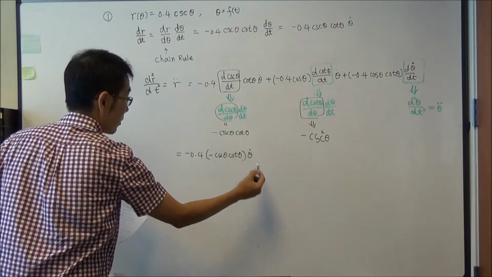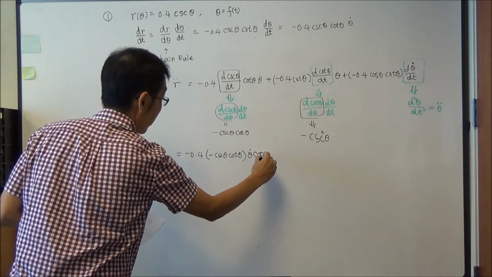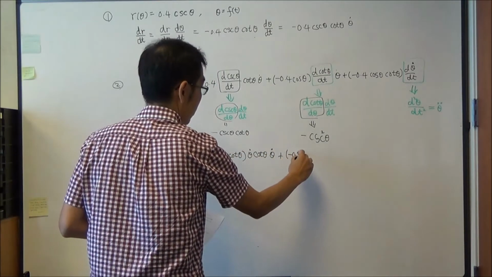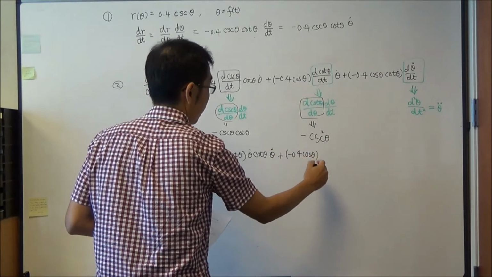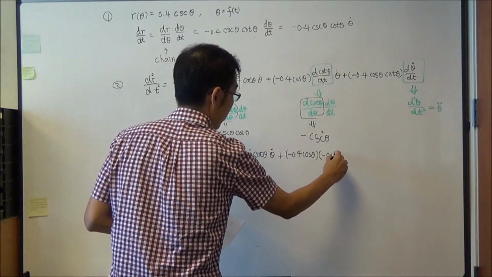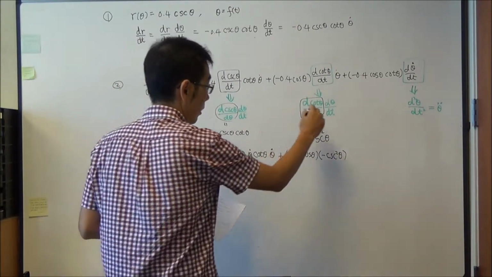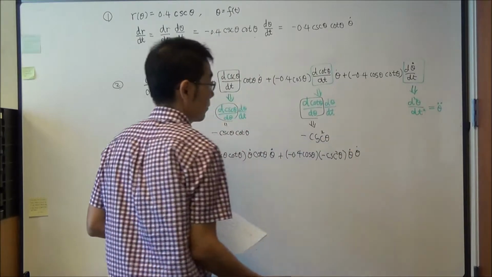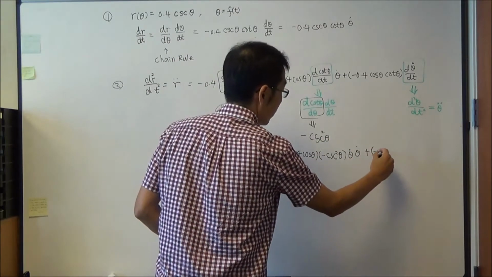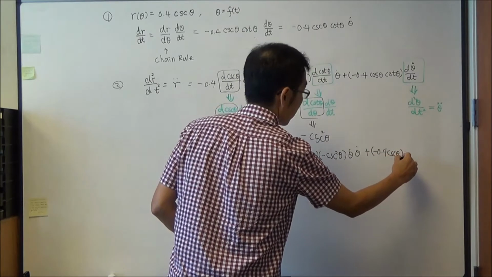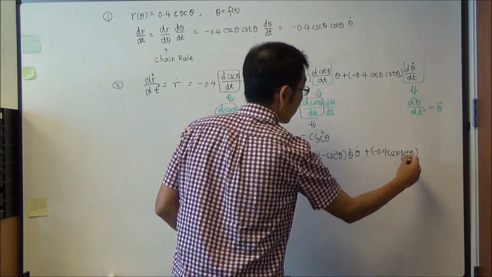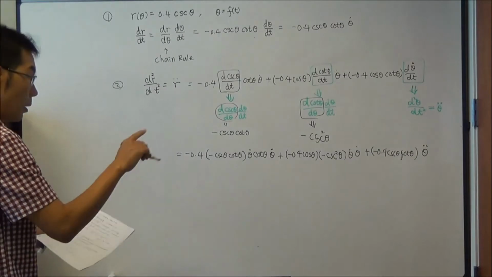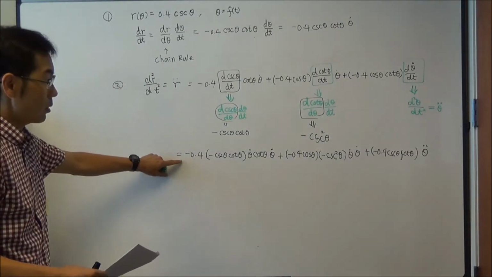So this is theta dot and then cotangent theta and theta dot, okay, plus the next one, and minus cosec squared and then theta dot and theta dot here, and then minus 0.4, and this is a theta double dot, right? So you can rearrange this one more nicely.